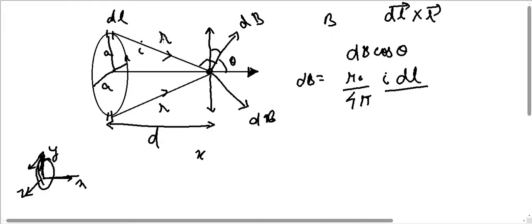Because this is a tangent in a 3D view, this forms a right angle triangle. So from Pythagoras theorem, from this triangle, r squared is equal to a squared plus this squared, and this squared is nothing but d squared. So r squared will be equal to a squared plus d squared.